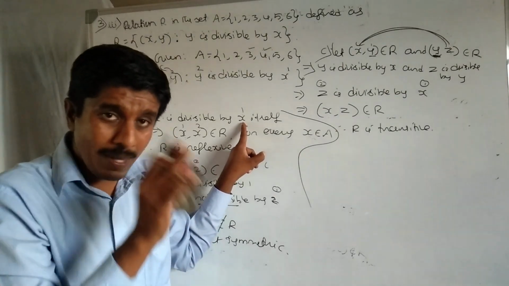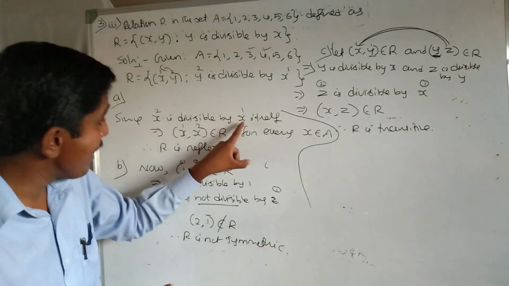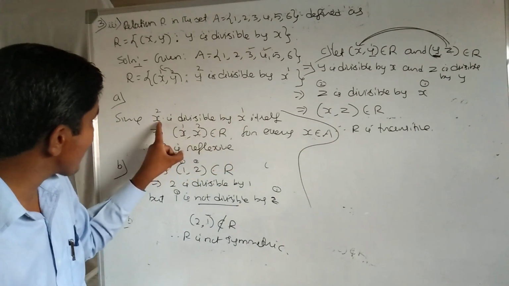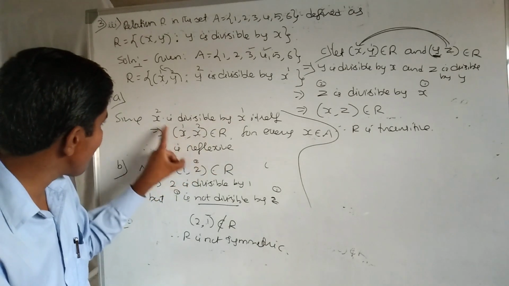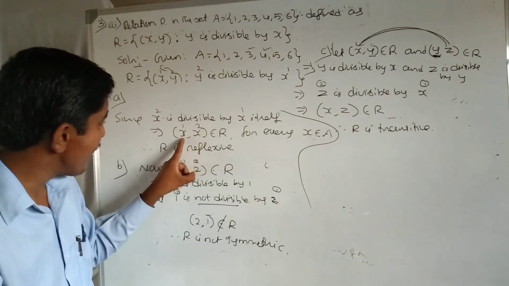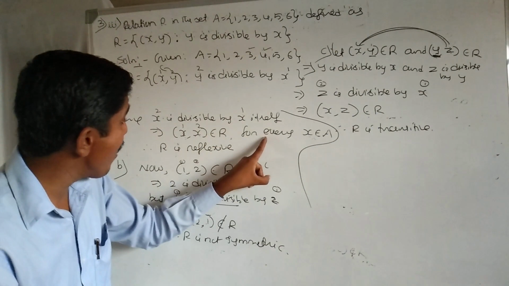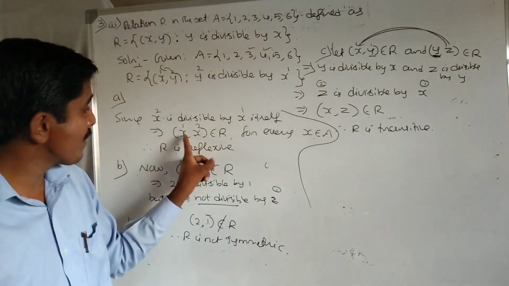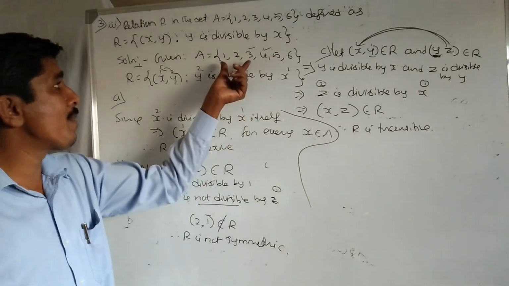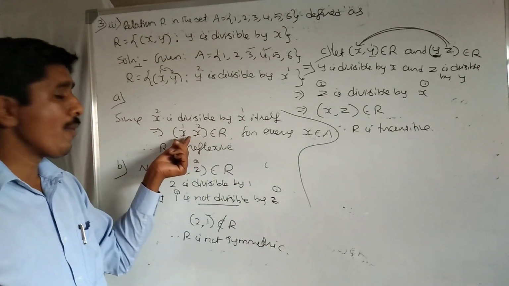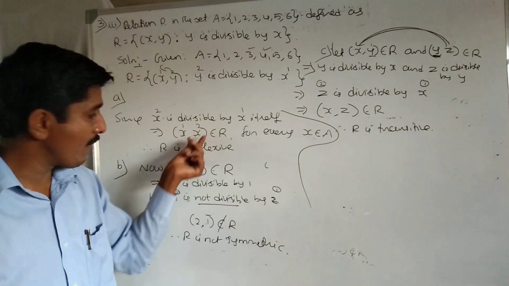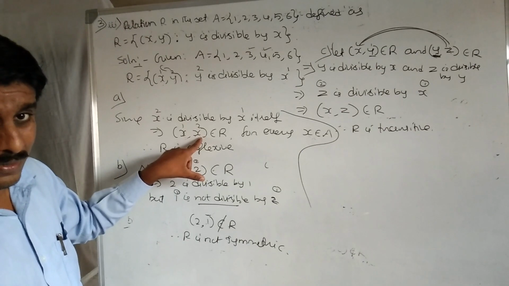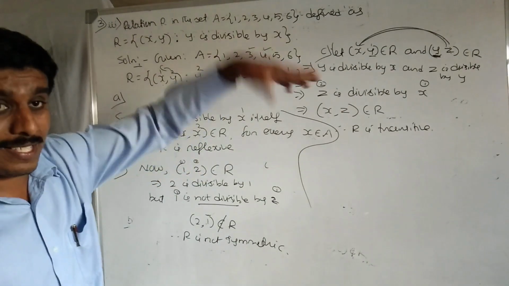Therefore, X comma X: the first element of the ordered pair is X, and the second element is also X. For reflexive, X comma X belongs to R for every X belonging to set A. Each element of set A is related to itself. Therefore, it is reflexive. While proving it is reflexive, I am taking elements, or we can take all 6 elements.